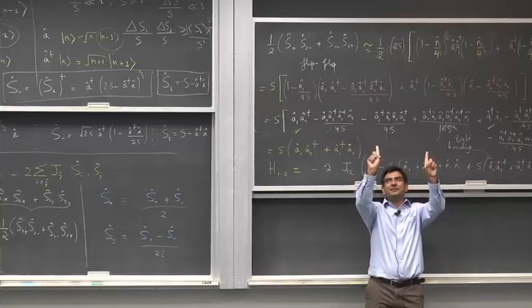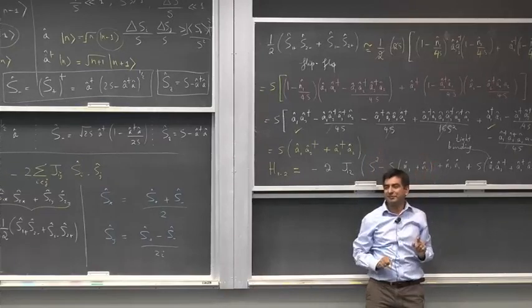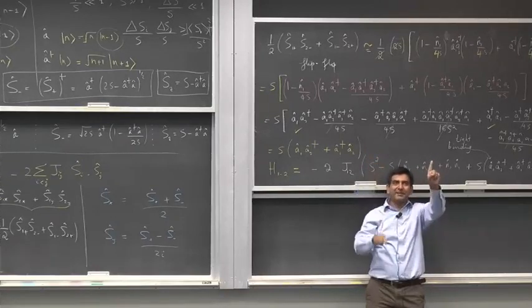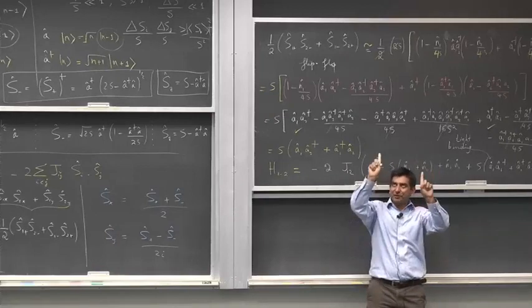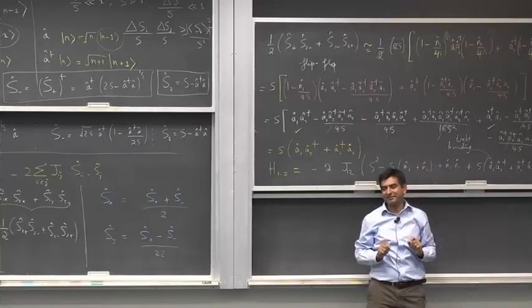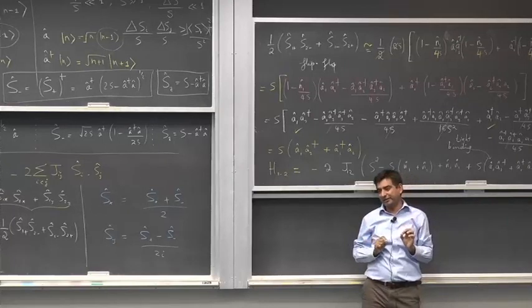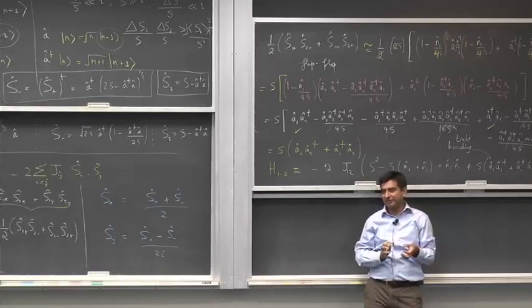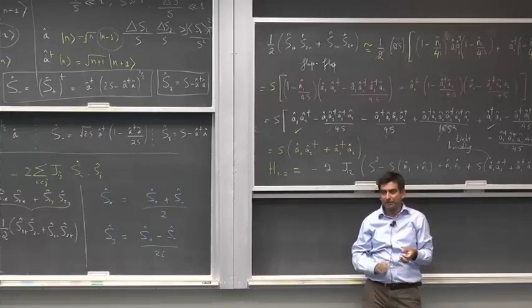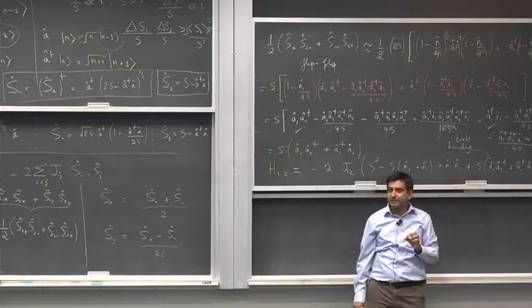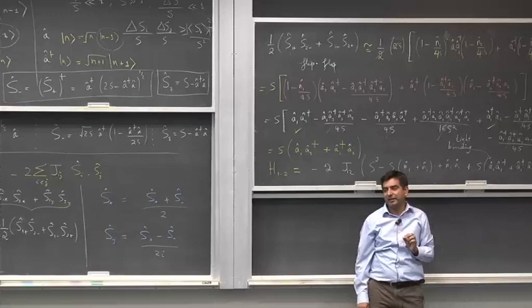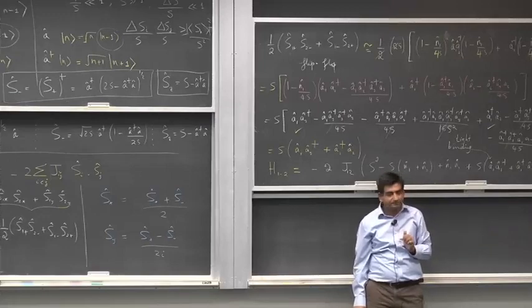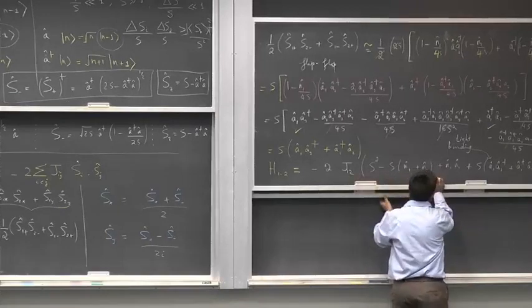So one spin goes down here and it goes up here. So a magnon is created here and annihilated here, or annihilated here and created here. So it represents the hopping of magnons in a sense. The same kind of Hamiltonian describes hopping conductivity in graphene. So this is our Hamiltonian for two spins.